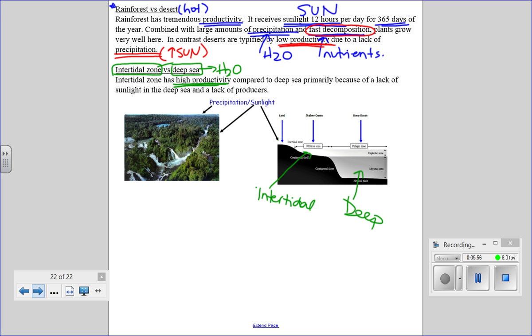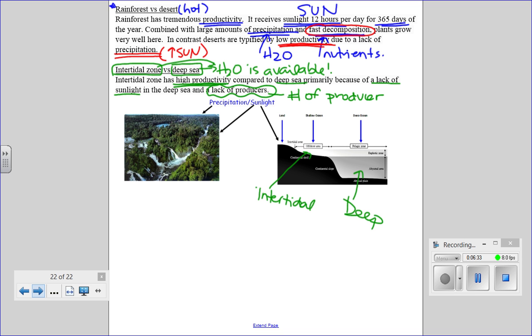In both of these cases, water is available, and that's fairly evident because we're in the ocean or surrounded by water. So the difference here is sunlight. In the deep sea, there is a lack of sunlight, and so for the producers that do exist there, sun does not get to the bottom of the ocean where it's deep as easily as it does where it's shallow. The other thing, a lack of producers. So that's yet another factor that could affect productivity, the number of producers.